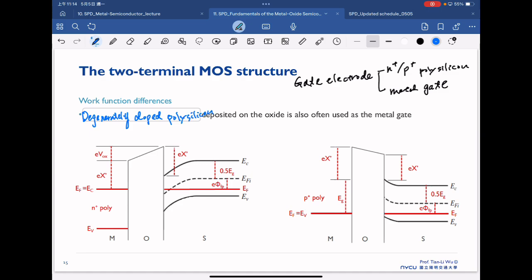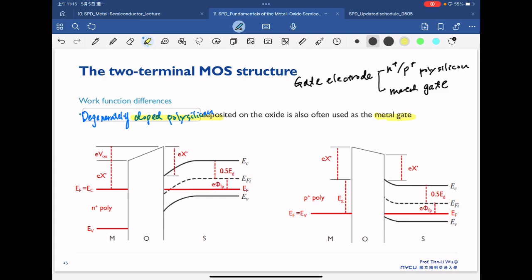We often use this deposit on the oxide, but nowadays a metal gate is used for certain semiconductors, because in most cases we would prefer to use metal. But sometimes we use polysilicon, because polysilicon is a process that is easy to fabricate. But with certain considerations we will just use a pure metal gate here.